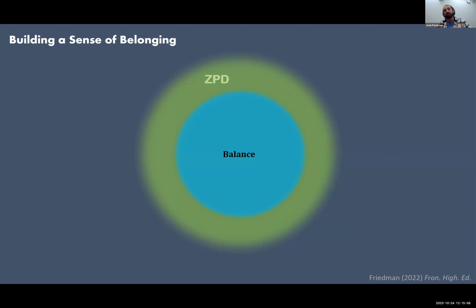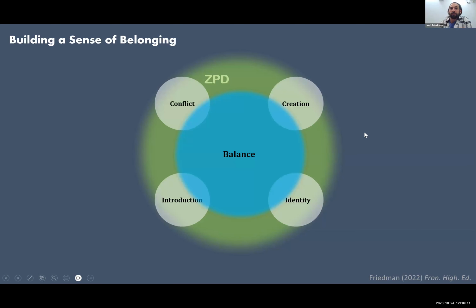I overlap that idea with how groups go through group processing stages that take on different dynamics, which we know about from a history of research in social psychology. I think this is what's going on in the classroom.